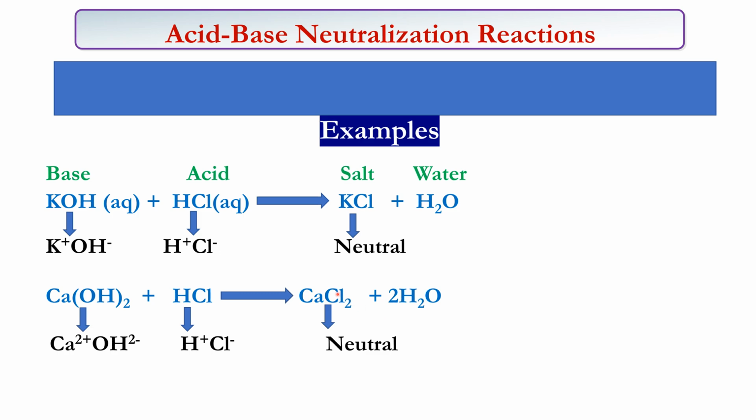This is why calcium chloride and potassium chloride exist as neutral compounds, because the charge for potassium and chlorine is equal to 0, and the charge for calcium and chlorine is also equal to 0.